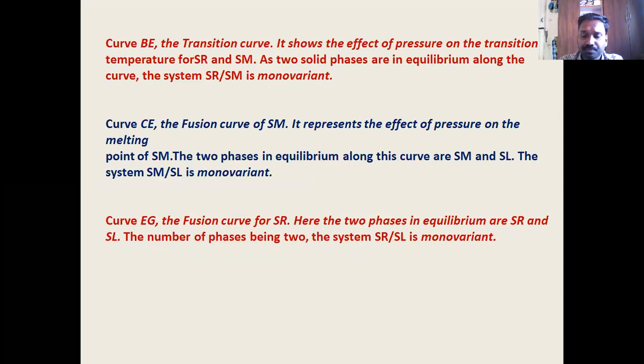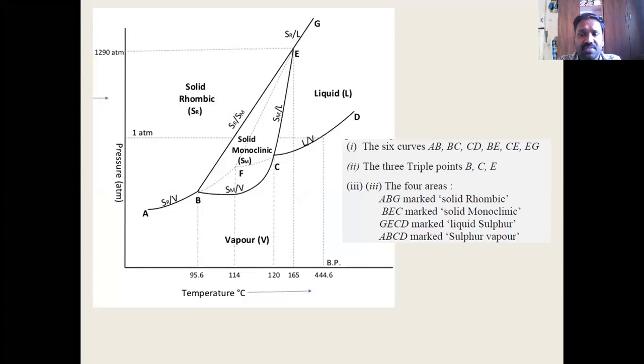What is the physical meaning of that? With 1 degree of freedom, you keep any one of them constant, and the other will become a variable. That means at constant pressure, temperature will be the variable.